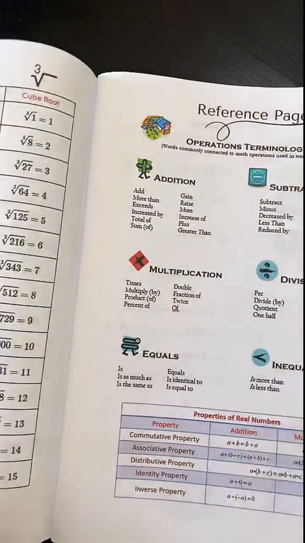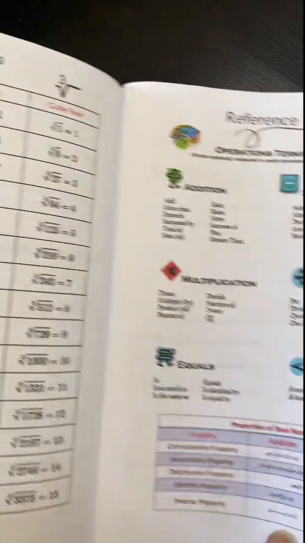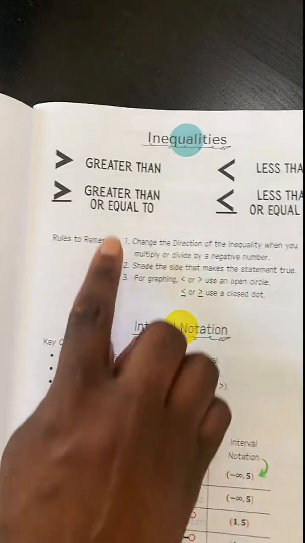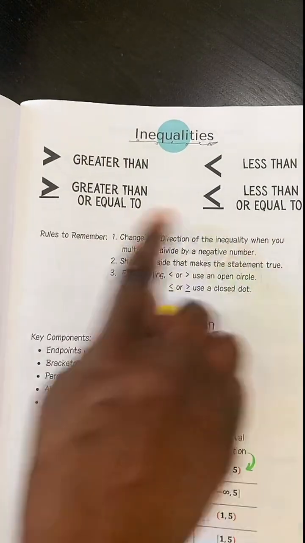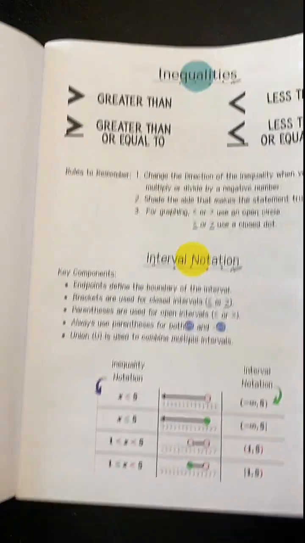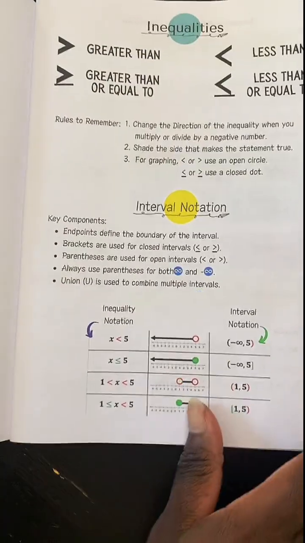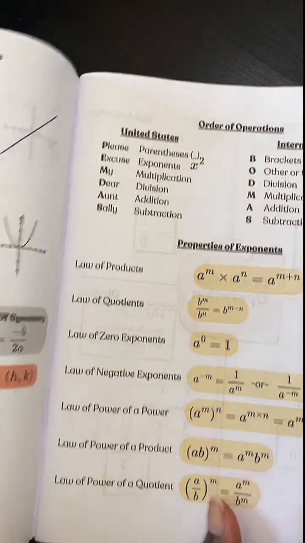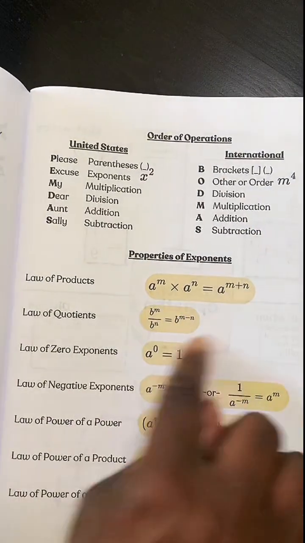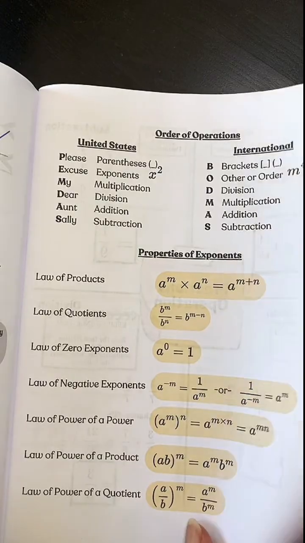So this just gives you a whole list of those factors that you can just grab. Otherwise, they have all these other resources: inequalities, taking a look at which direction goes which way, because some people still get it confused, interval notation, order of operations, exponents. It's all here.